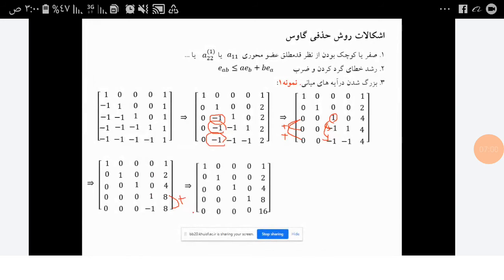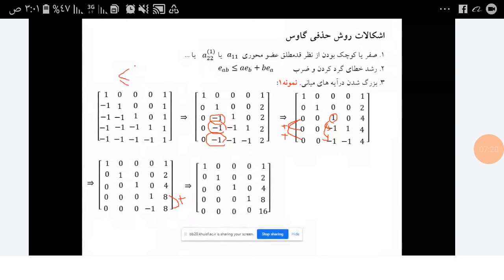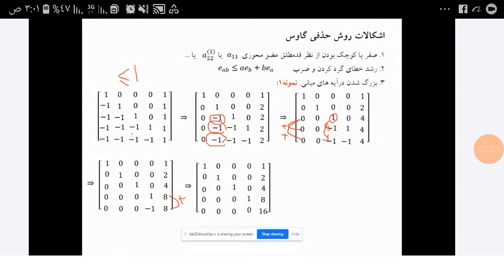If you look at the entries, here we have 1, 0, and -1. Just 3 numbers. In absolute value, all of them are less than or equal to 1. And when the matrix is of order 5, we have 16, which is 2 to the power 4.